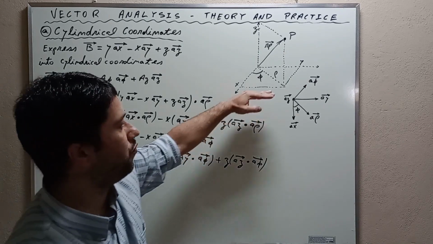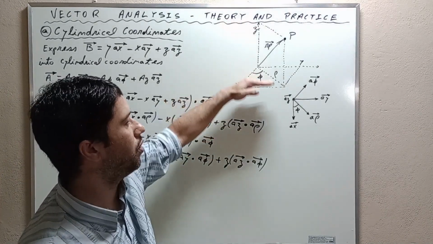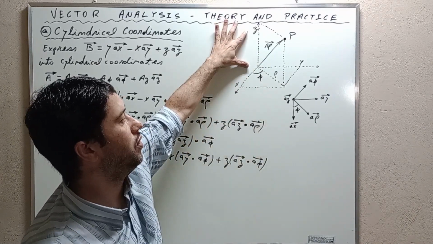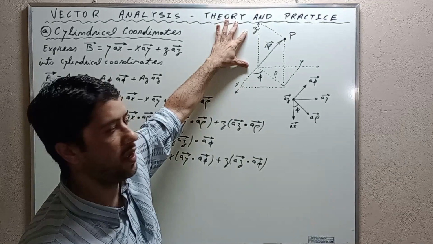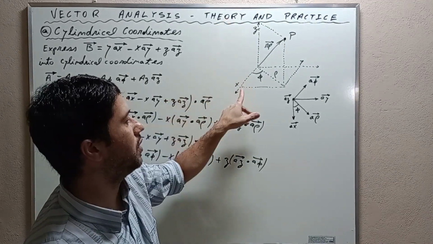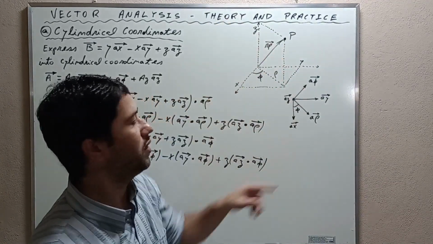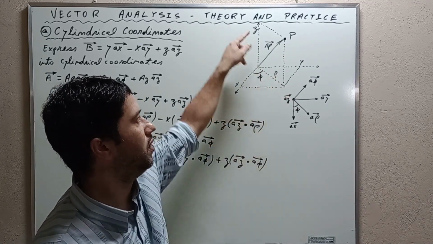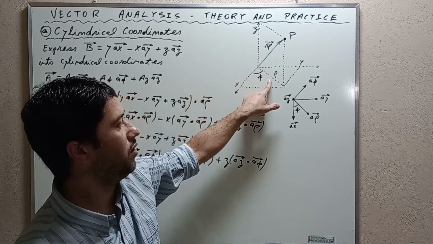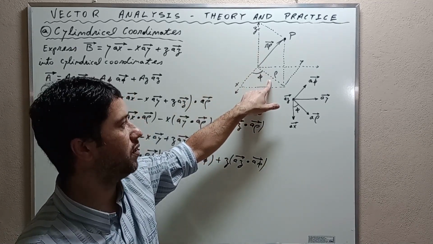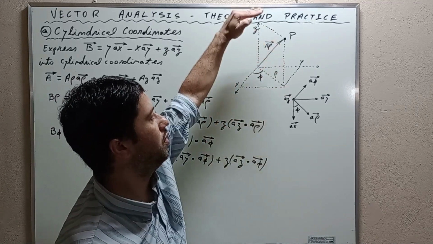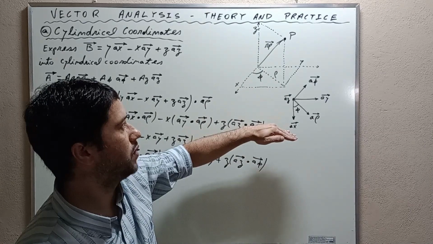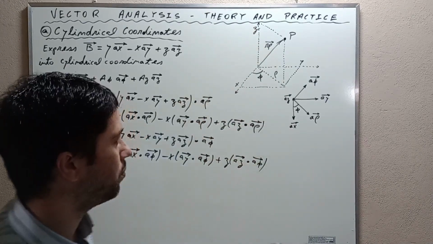And to move this upwards or downwards the xy plane, we need z. Okay, that's why a vector expressed in x, y, and z can be expressed as ρ, phi, and z. Okay, ρ, phi locate the vector in the xy plane, and z translates it downwards or upwards the xy plane.